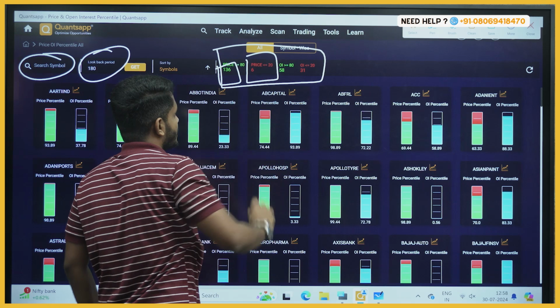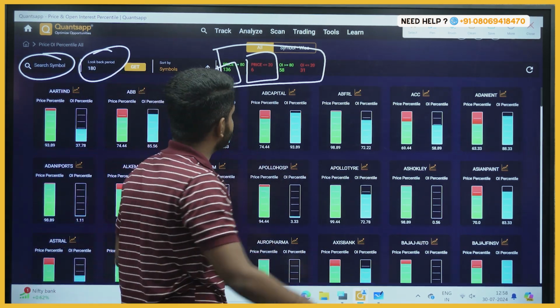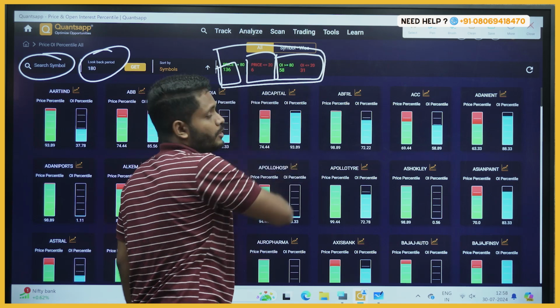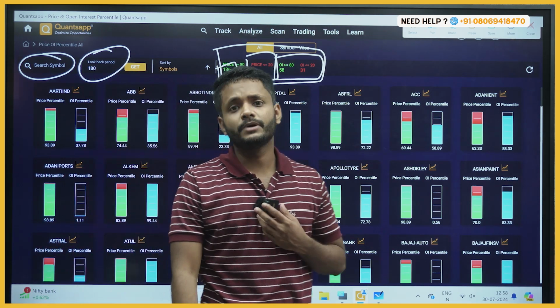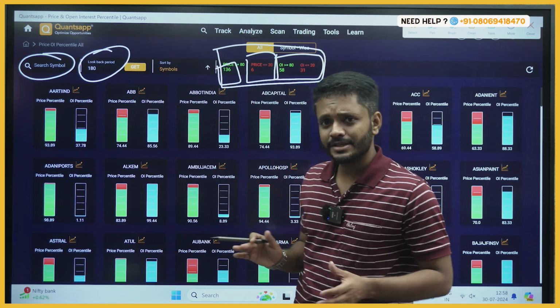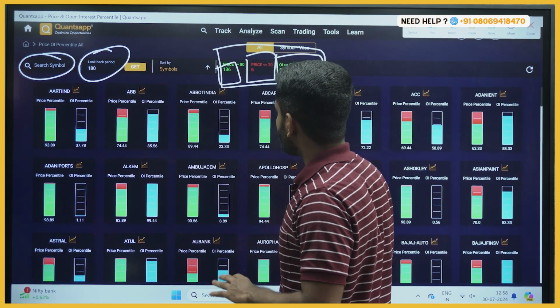There are 6 stocks wherein the price percentile is less than 20. Similarly for OI also it is given. From here you can get an overall bird's eye view and gauge the overall sentiment. That's all about the interface.